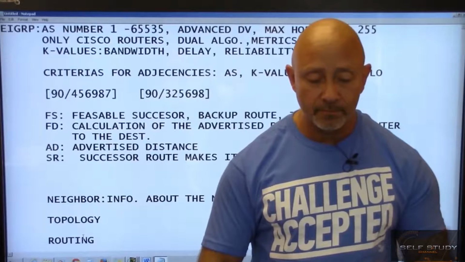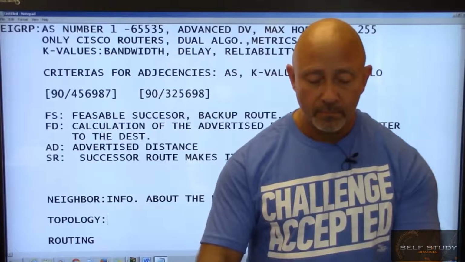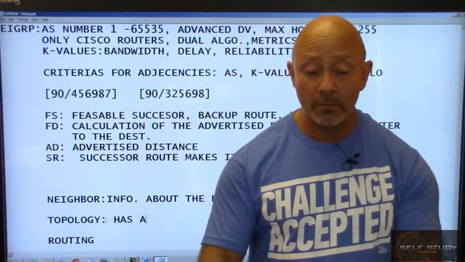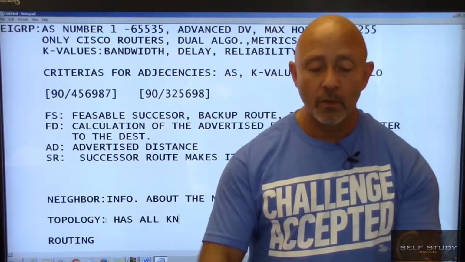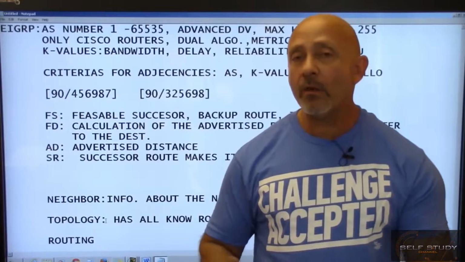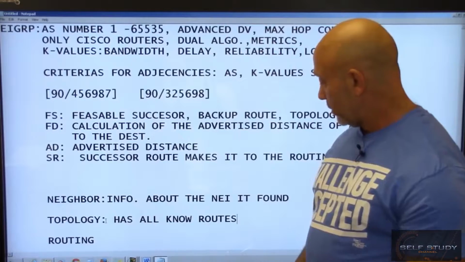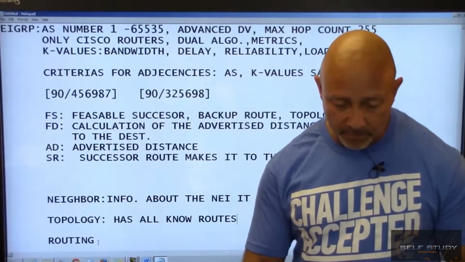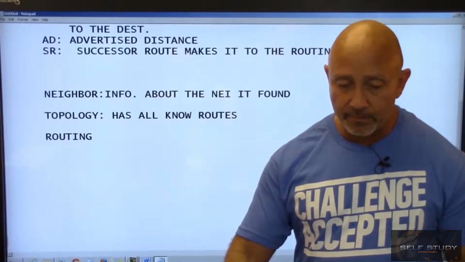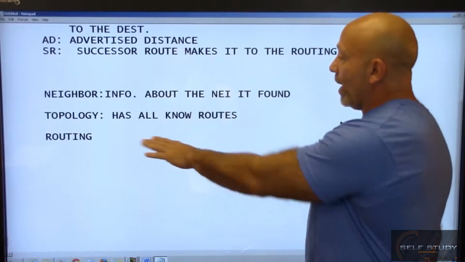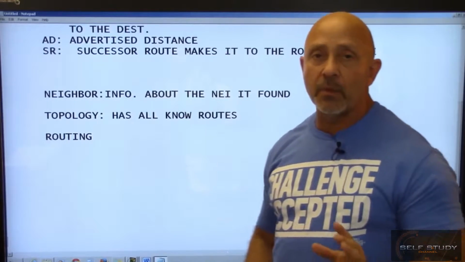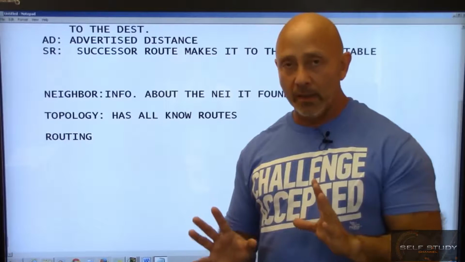Topology table has all known routes. So all the routes that it finds the first time it converges, okay? In the topology table, all known routes, good or bad, they're in there.